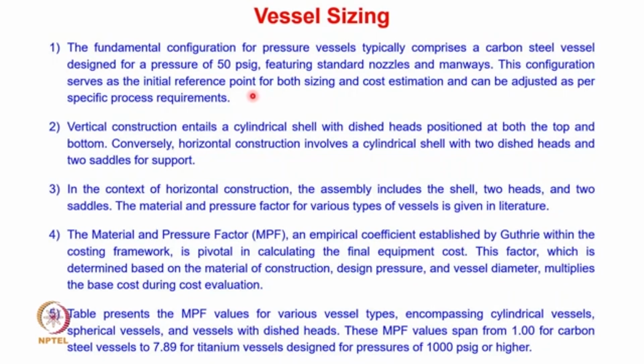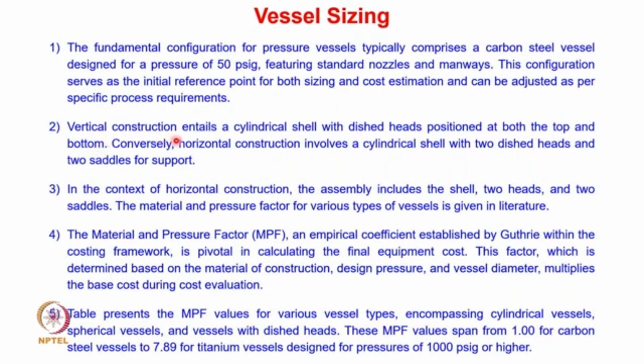Whenever we have additional information, only in that case are we going to change this specification. Otherwise we will start with a base design pressure requirement of 50 psig. This reference point is used for both sizing and cost estimation and can be adjusted as per specific process requirements. So whenever some additional requirements are there, then we are going to modify this base design.